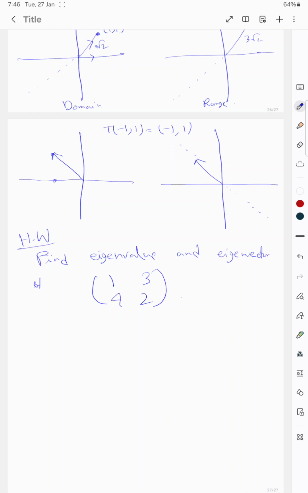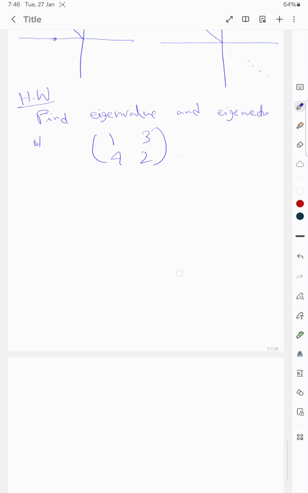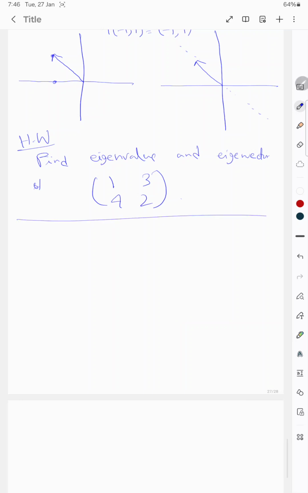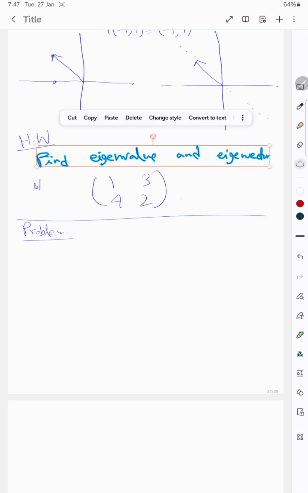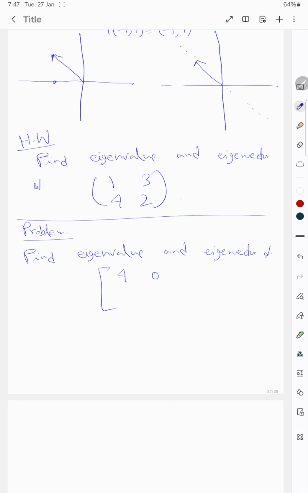Let's try this one. I just give you a hint, okay? You have to do the total problem. So the same problem, find the eigenvalue and eigenvector of, suppose I am considering this matrix 4 0 1, 2 3 2, 1 0 4, this type of matrix.